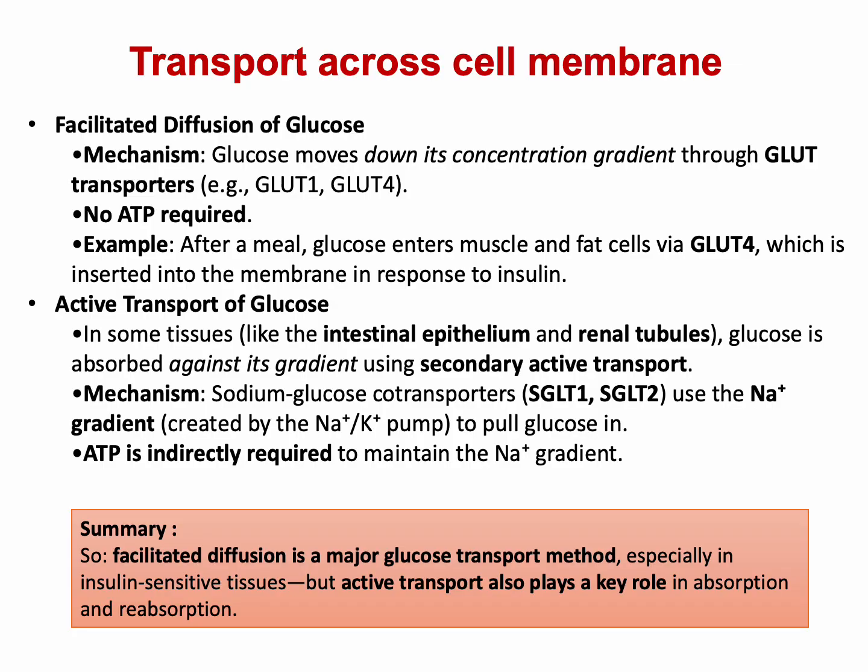So, in summary, facilitated diffusion is the major glucose transport method, especially in insulin-sensitive tissue. But active transport also plays a key role in absorption and reabsorption, especially SGLT1 in the small intestine for glucose absorption, and both SGLT1 and 2 in renal tubules for glucose reabsorption.